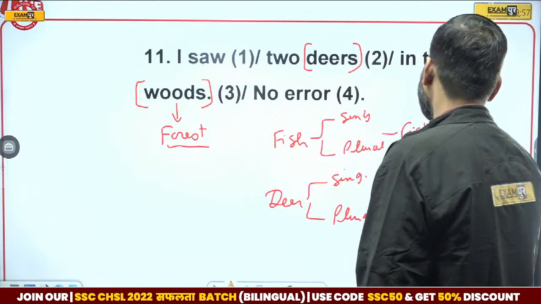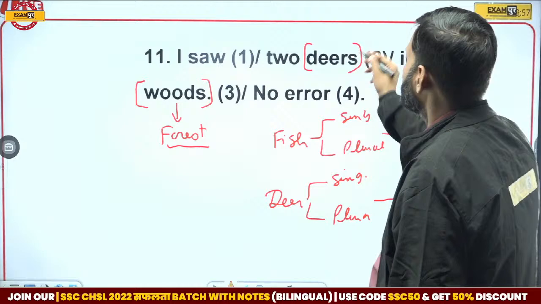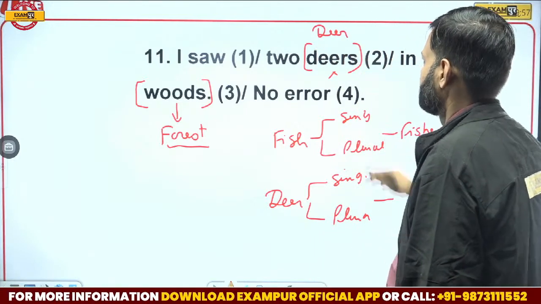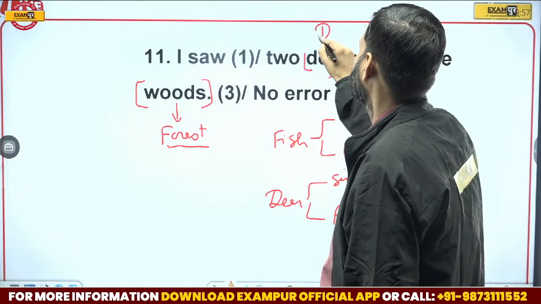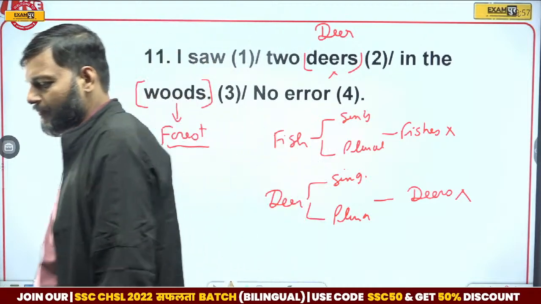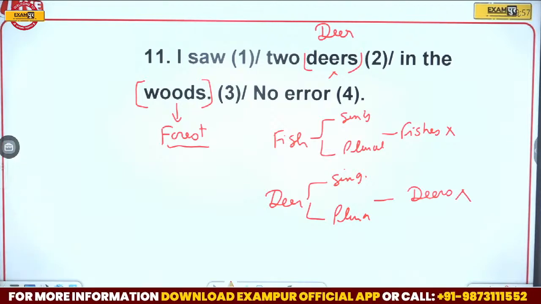So to write deers is wrong. Here the word deers is wrong. It will be replaced by deer. Now the next one.